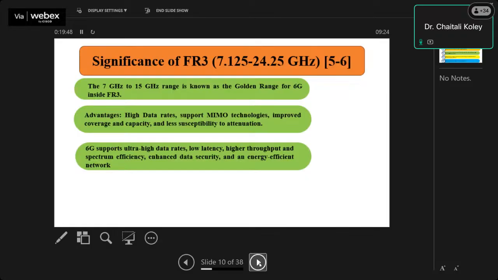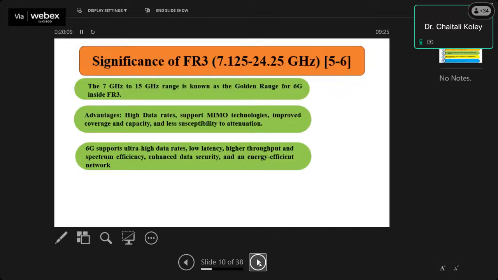So the FR3 band: 7.125 to 24.25 gigahertz is known as the FR3 band. Within this range, 7 gigahertz to 15 gigahertz is known as the golden range of spectrum in 6G.